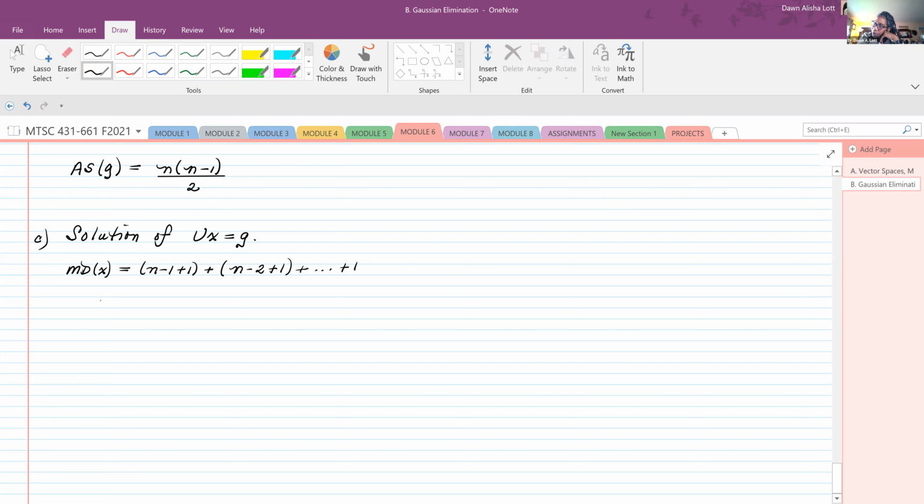And so this becomes the sum for i equals 0 to n minus 1 of n minus i. And we already know those formulas, so this just comes out to be n times n plus 1 over 2.